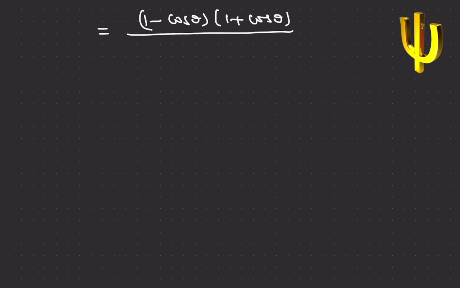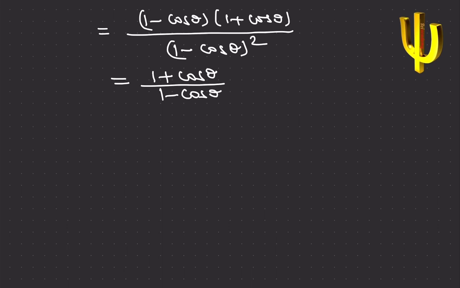We know that 1 minus cos square theta can be written as 1 minus cos theta into 1 plus cos theta, and whole is divided by 1 minus cos theta whole square. That means we have now 1 plus cos theta divided by 1 minus cos theta, that is equal to RHS.